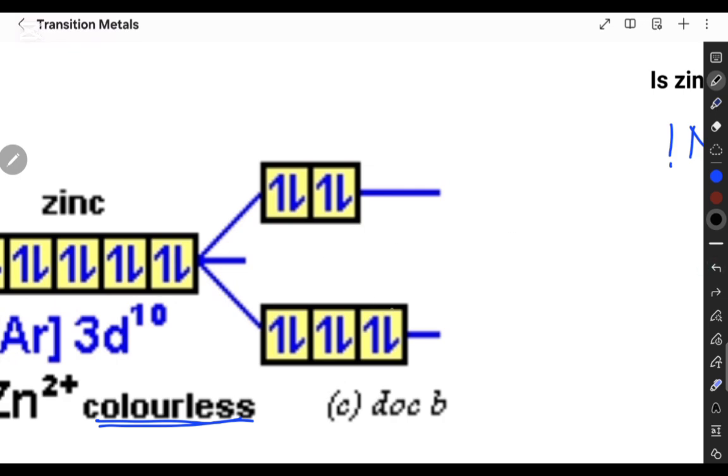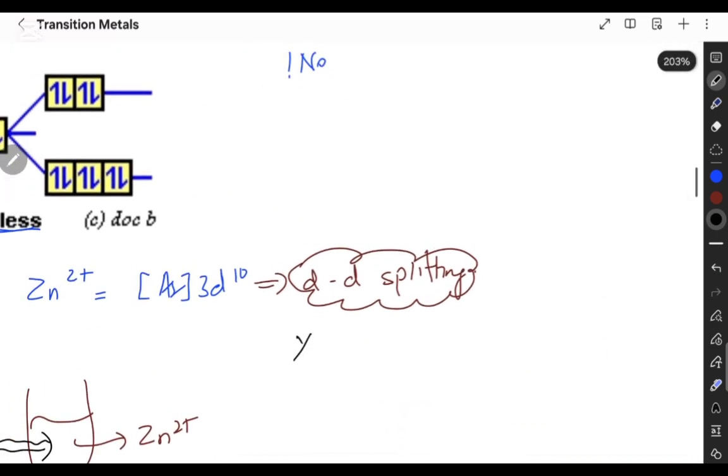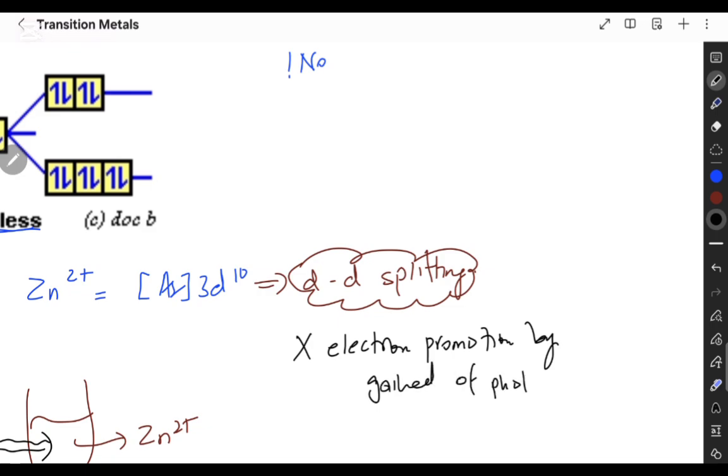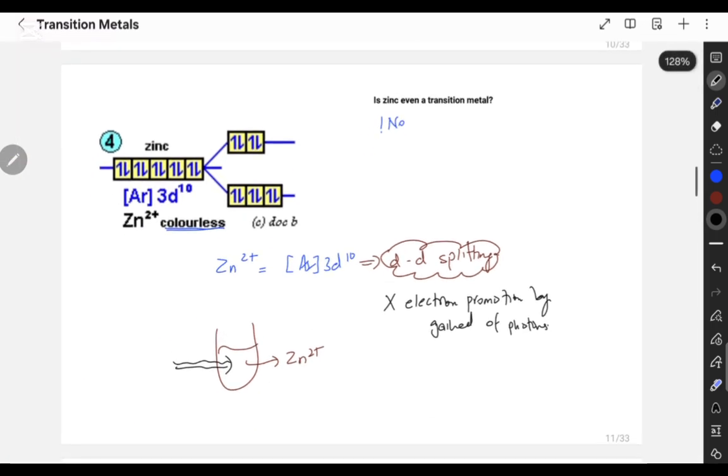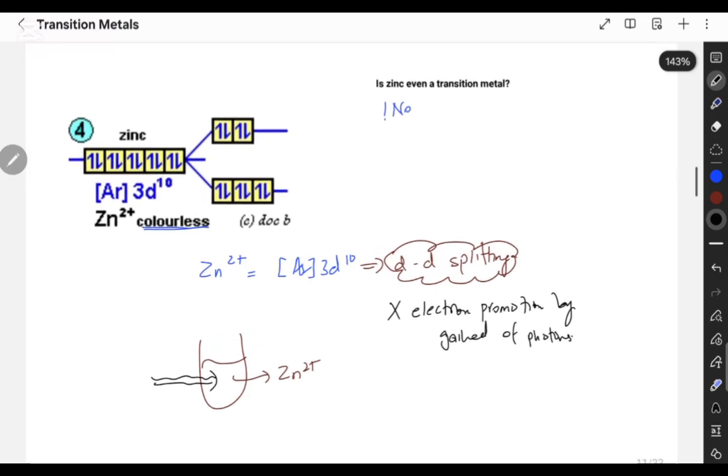Because for an electron, let's say this electron, when it wants to go up, there has to be some space available, but there's no space. So there will be no electron promotion by gain of photon.